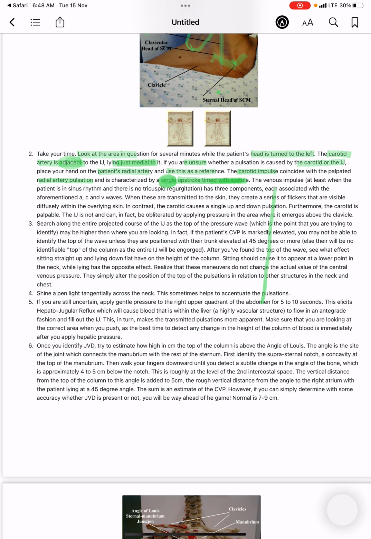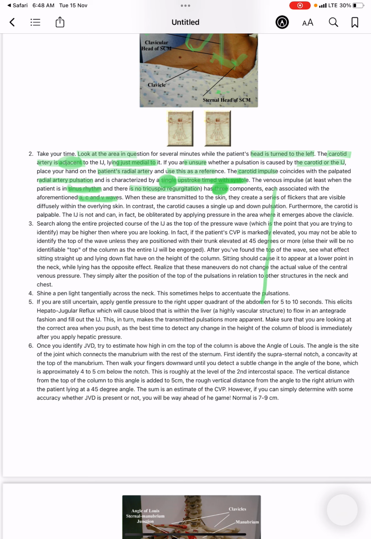The venous impulse, at least when the patient is in sinus rhythm and there is no tricuspid regurgitation, has three components, each associated with the A, C and V waves.